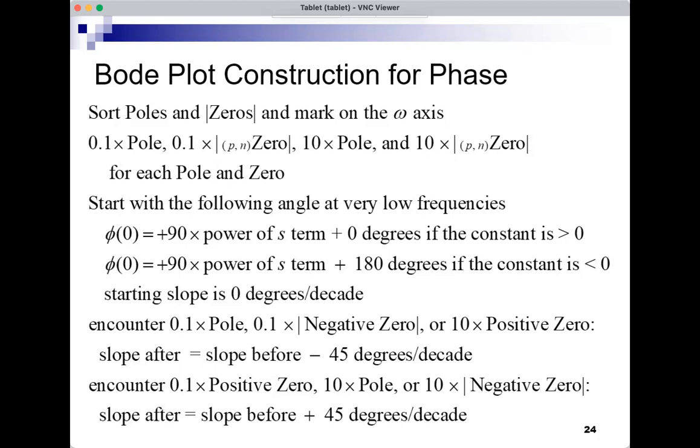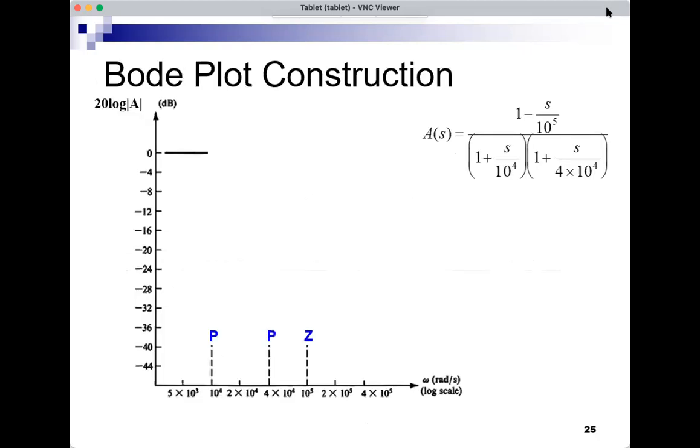So let's apply the procedure for the magnitude Bode plot. We'll apply it to the example that we have. We said that we need to mark the pole and zero frequencies.